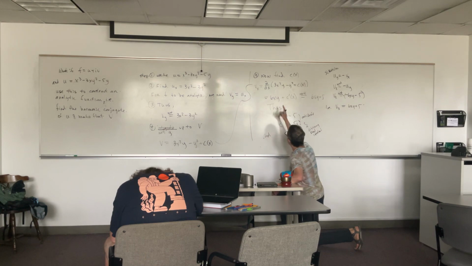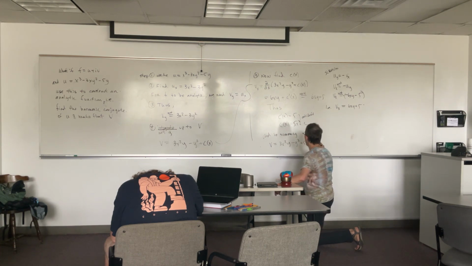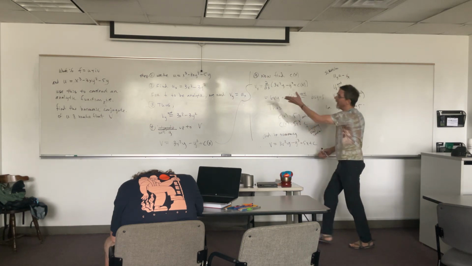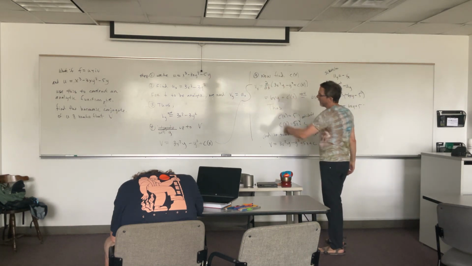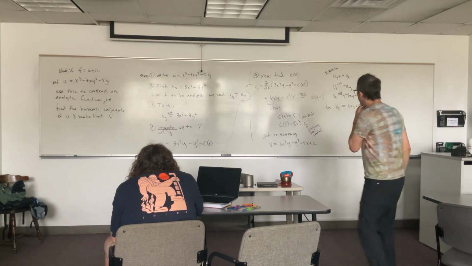And so I can summarize. In summary, v is equal to 3x squared y minus y cubed plus 5x plus some constant. And so then I could just summarize my final answer and write out what f has to look like. And I will.